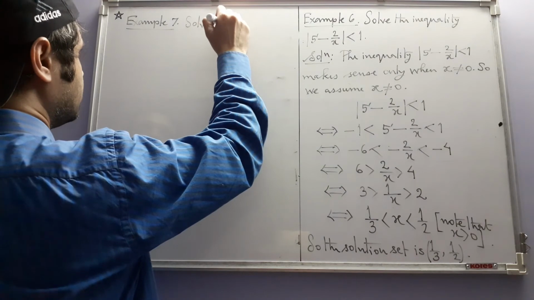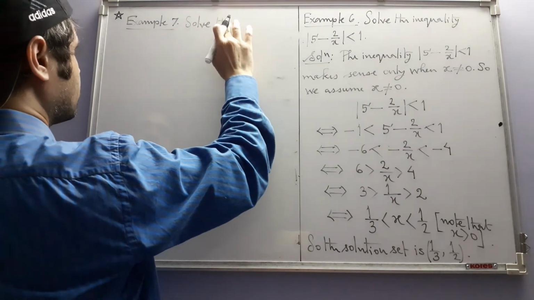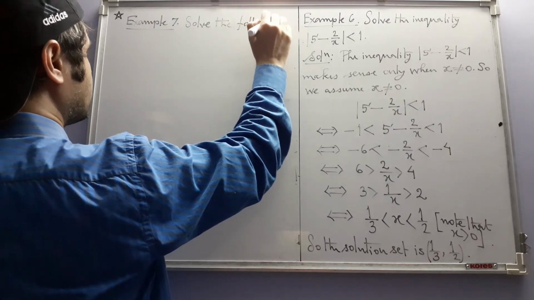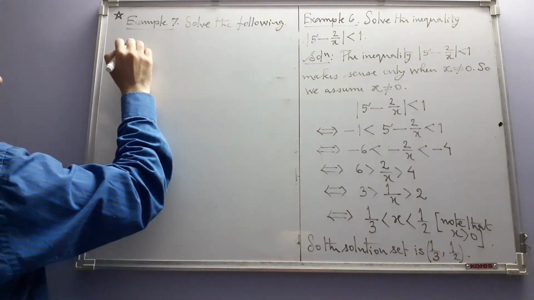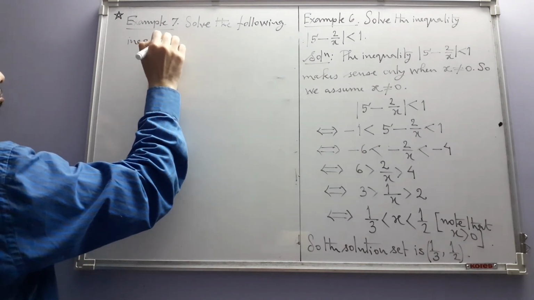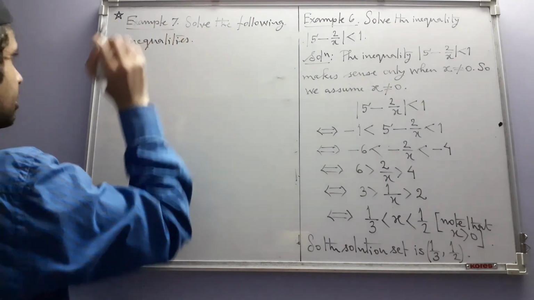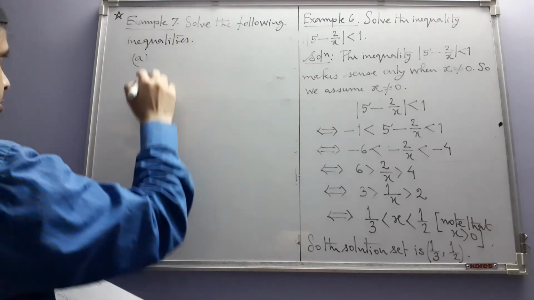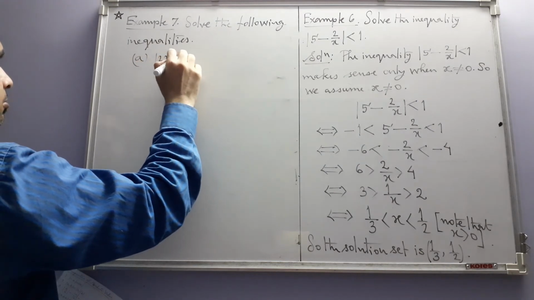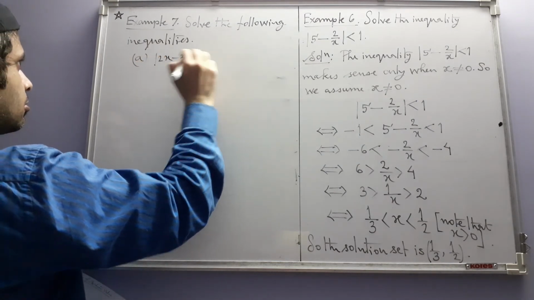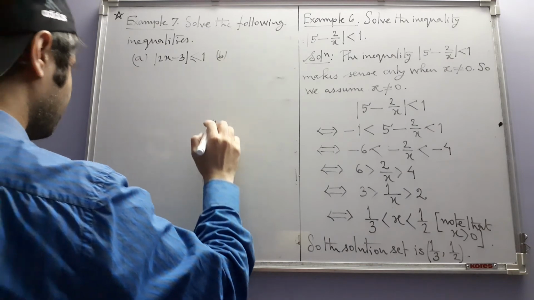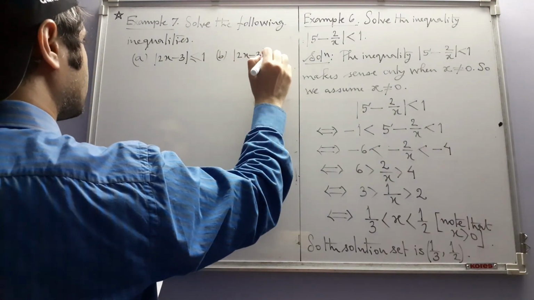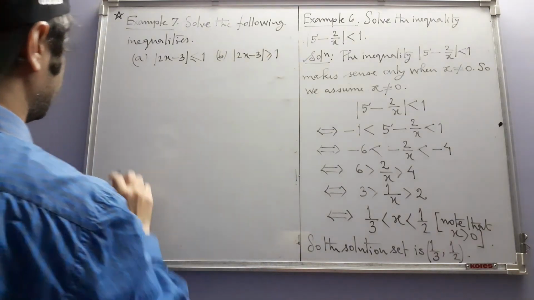Solve the following inequalities. A is like the previous ones, absolute value of 2x minus 3 less than or equal to 1, but B is different: absolute value of 2x minus 3 is greater than or equal to 1.